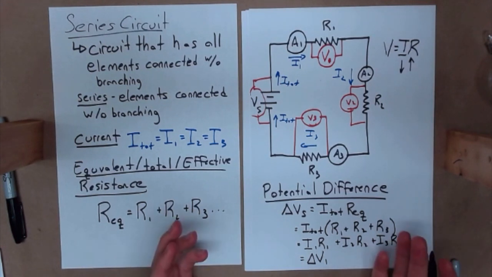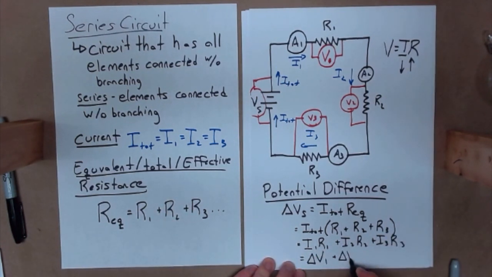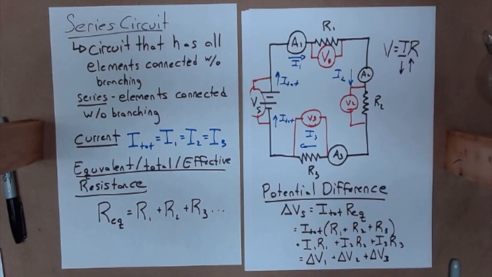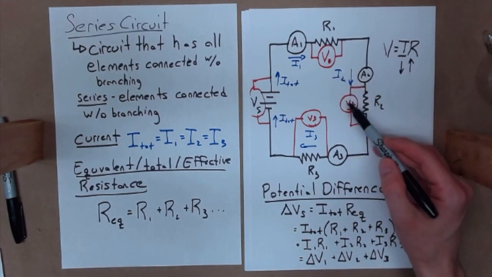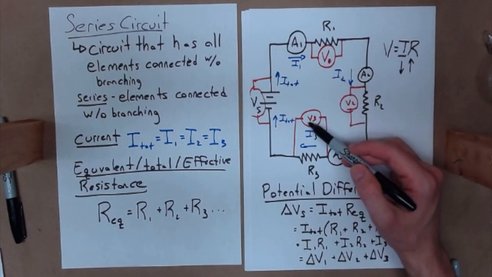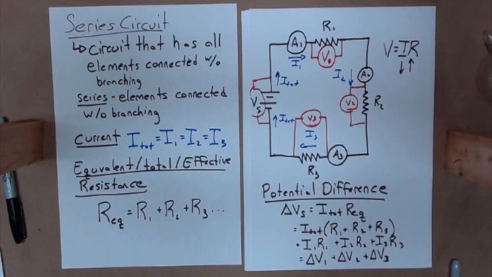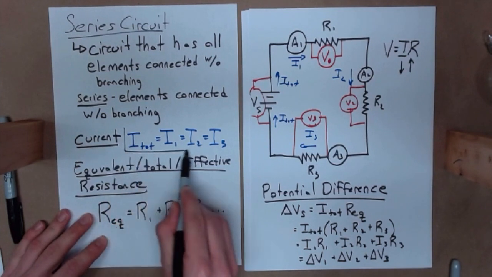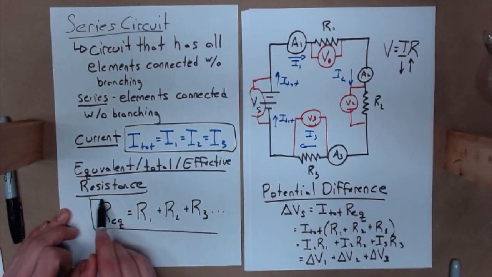When I use V in circuits, I'm really talking about the potential difference, plus delta V2 plus delta V3. In other words, the voltage of this voltmeter plus what's read by this voltmeter plus what's read by this voltmeter is equal to what's read by this voltmeter. Okay? And those are our three equations for a series circuit.